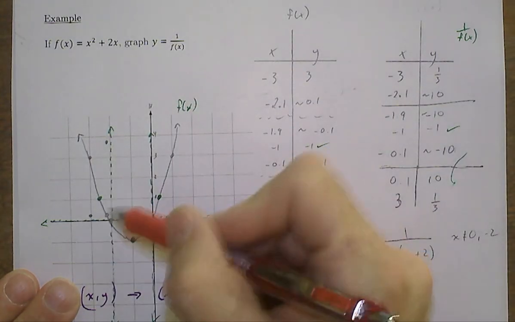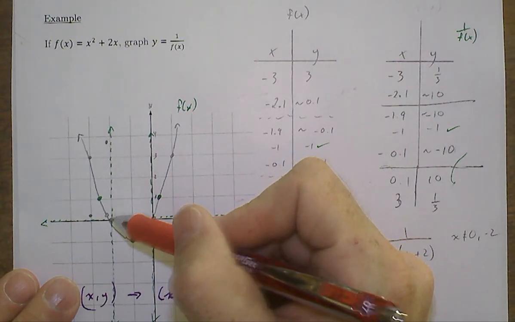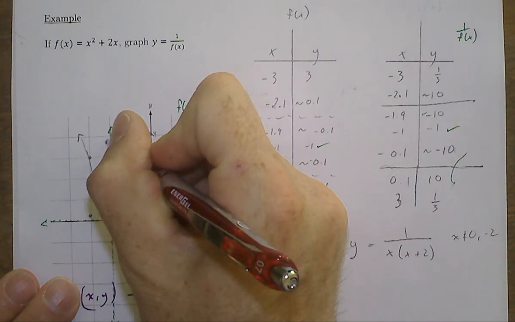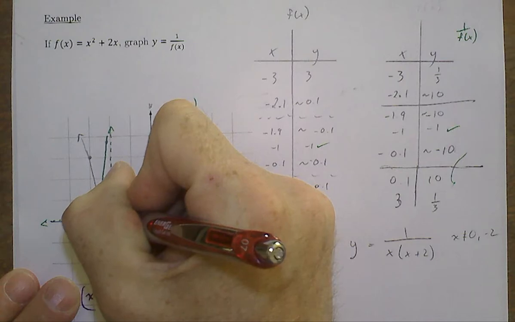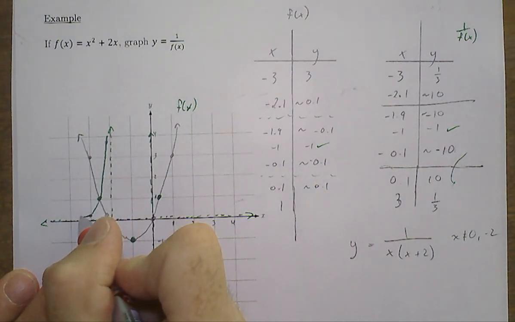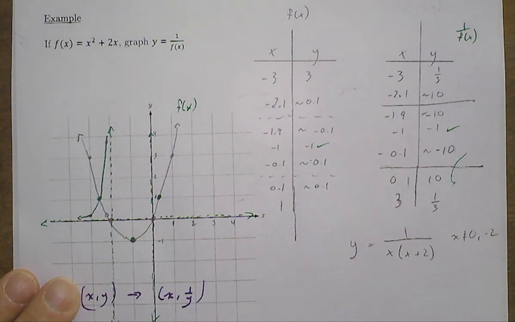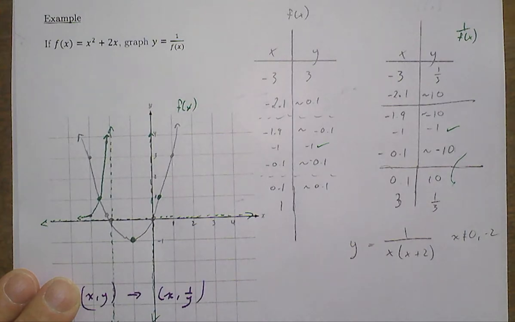For instance, this is going to be positive 0.1, so when you take the reciprocal, it turns into 10. And that follows the asymptotic behavior, doesn't it? Now, we know that this graph will look like this. So I've graphed exactly one arm of it.